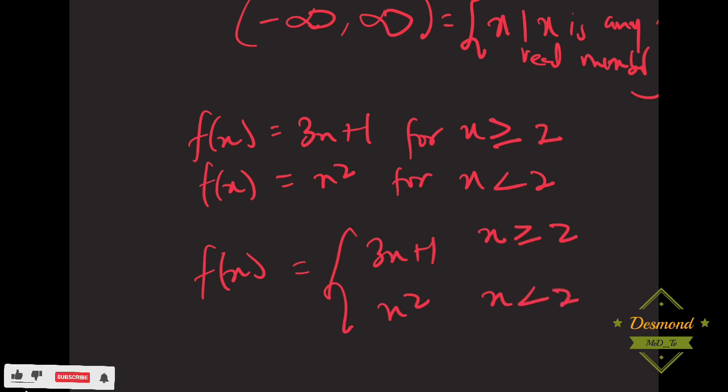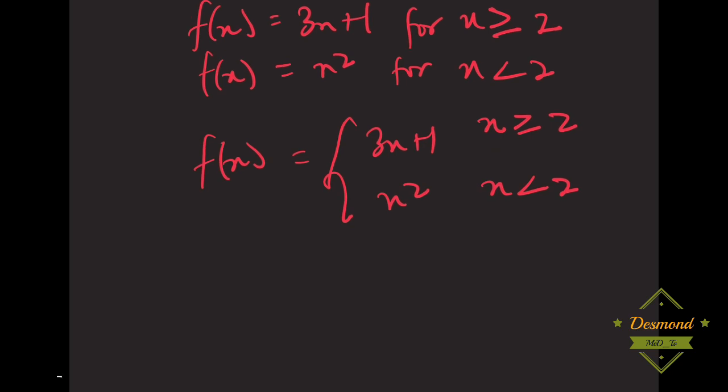When evaluating this function for an input x, the equation to use depends on whether x is greater than or equal to 2 or x is less than 2. For example, since 5 is greater than 2, we use f(x) equal to 3x plus 1 for x greater than or equal to 2.